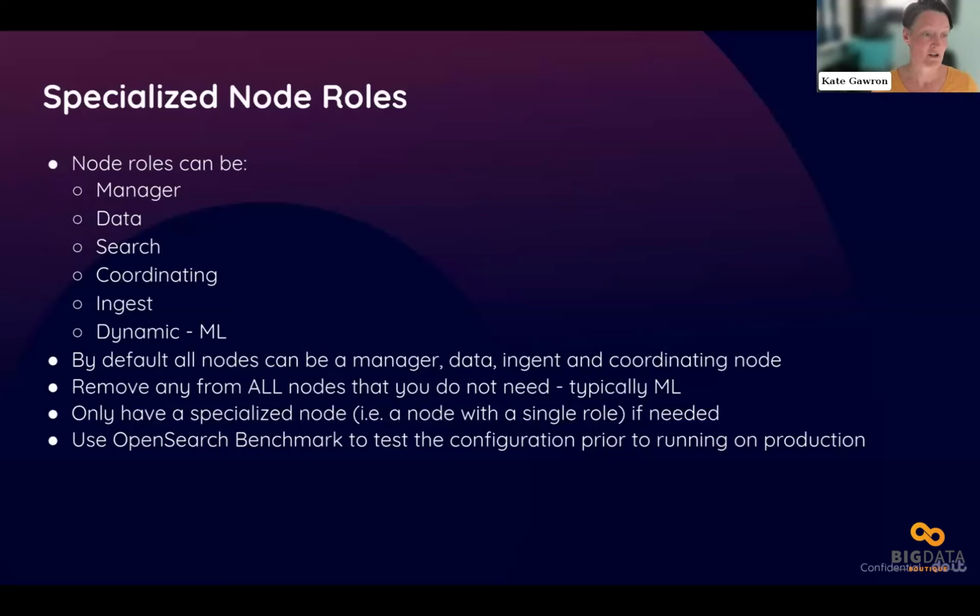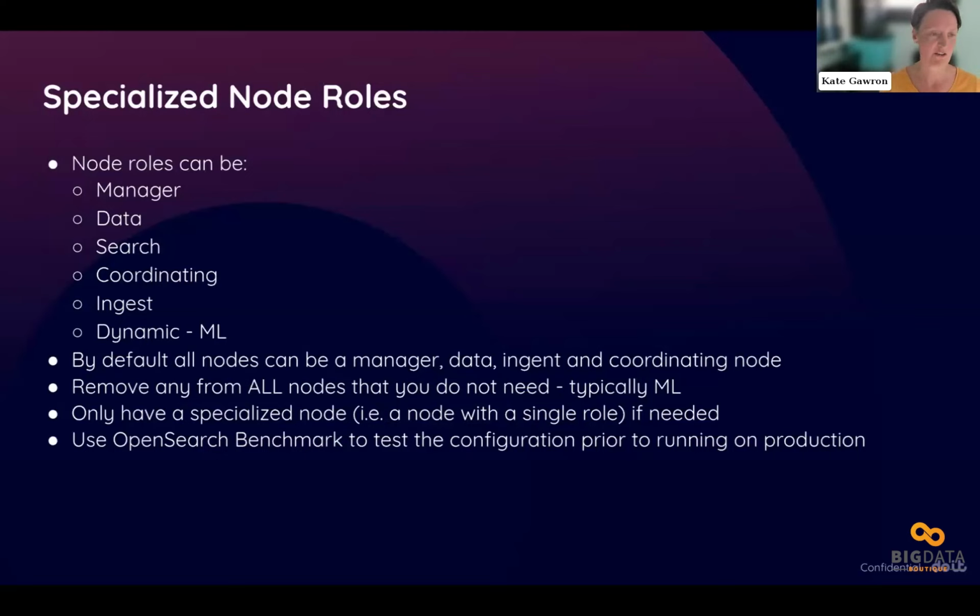And then you have 2 special types, ingest and dynamic or machine learning. By default, all of your nodes can be a manager, a data, an ingest, and a coordinating node. Just to make this clear, this is only for people who are running self-hosted.